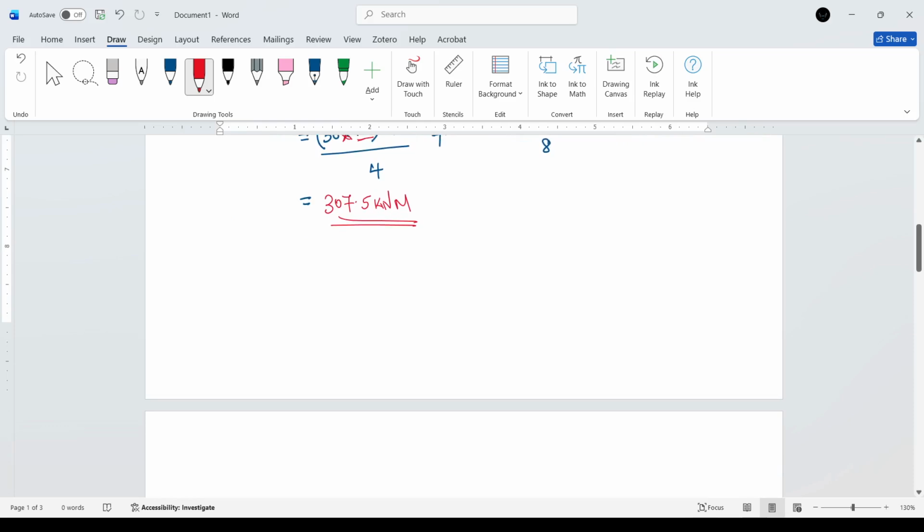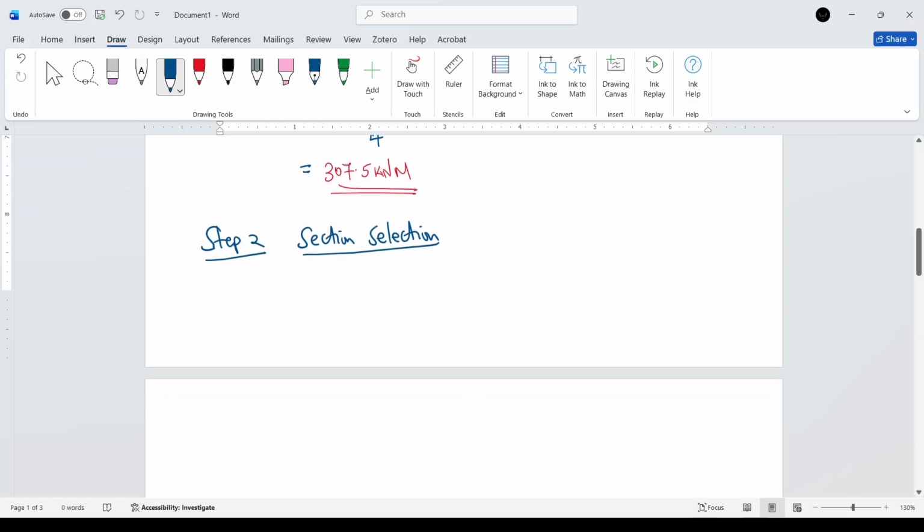Step number 2. We talk about section selection. We covered this last time. We want now to select a section. So since we have been told to design for grade 275, it means the characteristic strength is 275 Newton per millimeter squared.